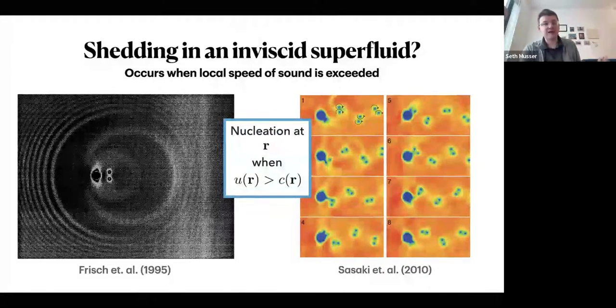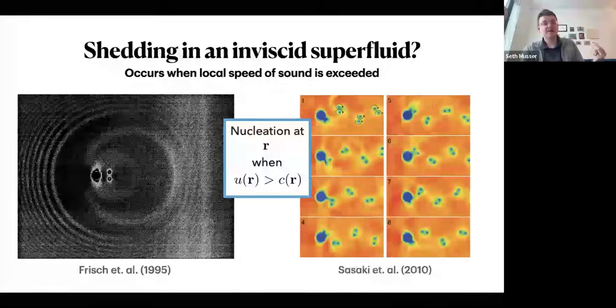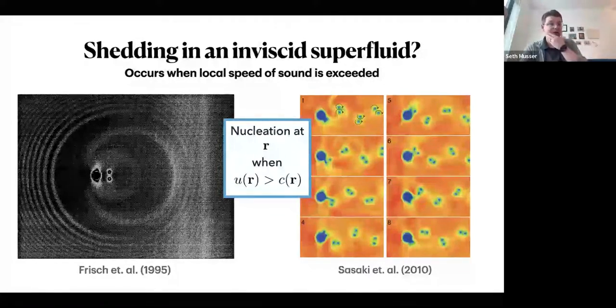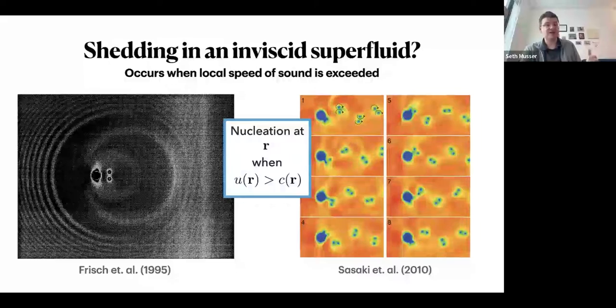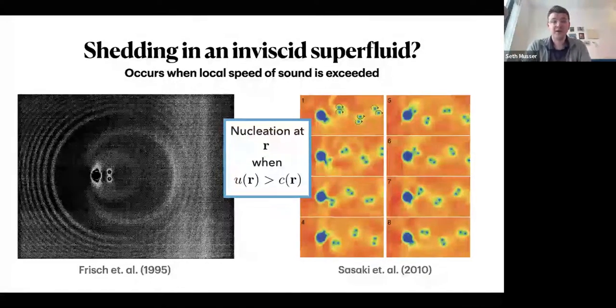As you come down for a landing, the flow over the engine may be slightly greater than the speed of sound, which leads to a gradient in the density that you can see through the refraction of light. So you can actually see the formation of these shock waves where there's some local exceeding of the speed of sound, even if the entire plane is not exceeding the speed of sound. In a superfluid, though, rather than leading to a shock wave, this tends to lead to vortices.